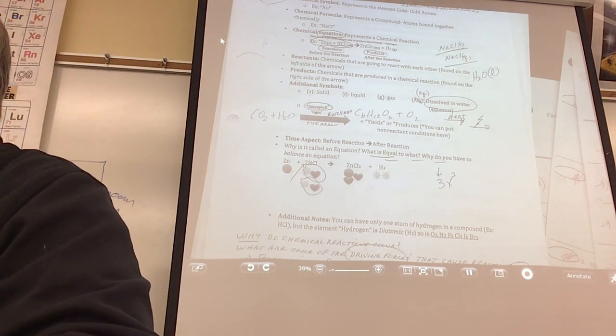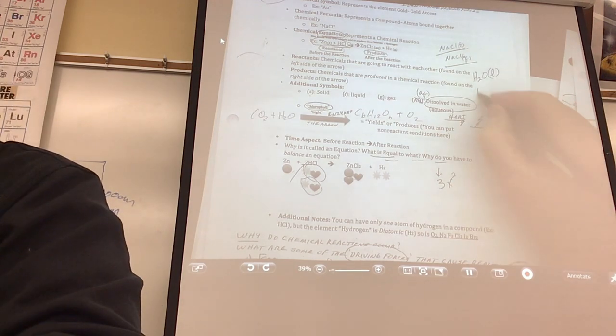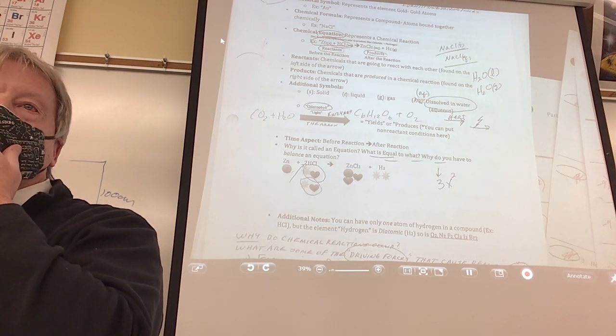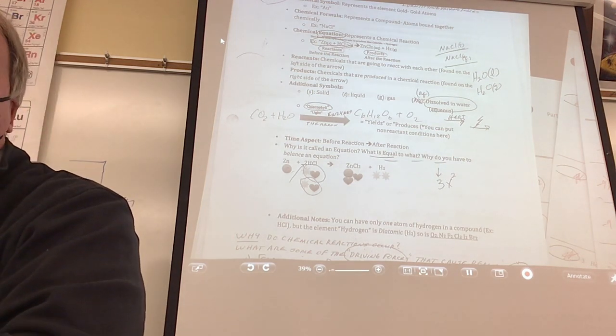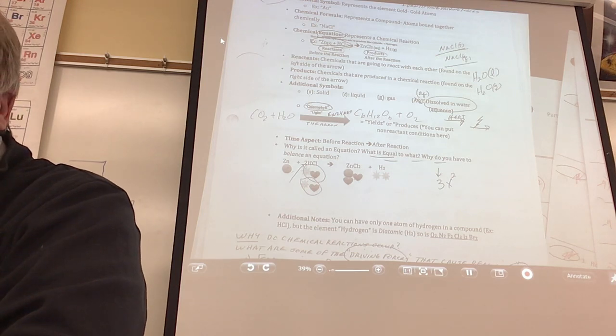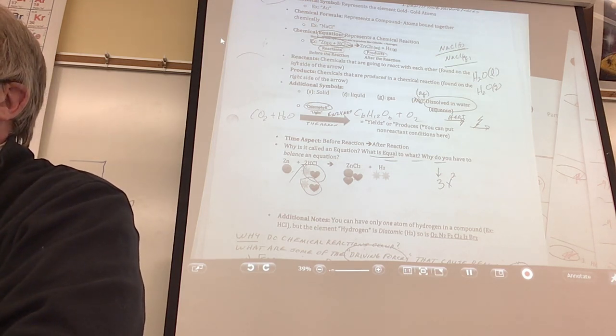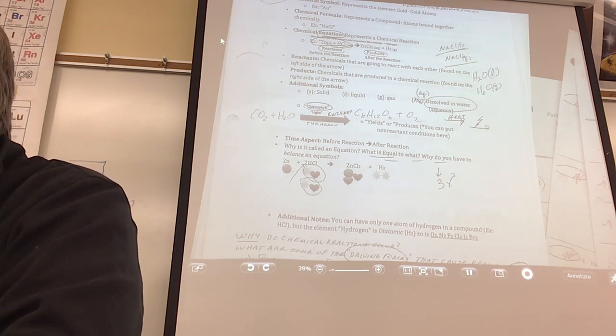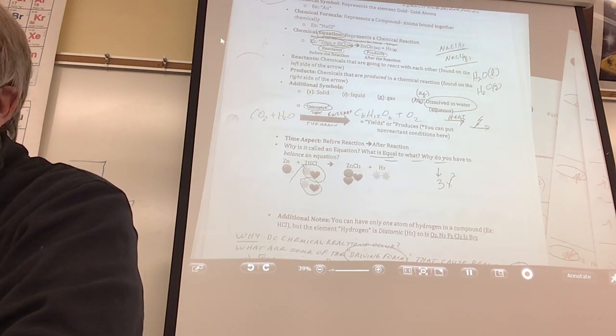Okay. Now, real quick story. Anybody know what that looks like? I have a name for it, water vapor. I like the name. What's it look like? Can you not see it? You can't see it. You're right.